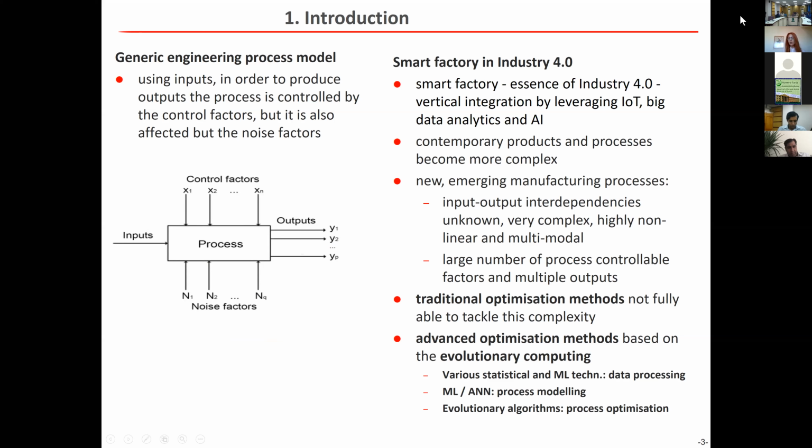And then we talk about artificial neural nets that we use for process modeling to develop the process model, because for new emerging processes there typically are no analytic relationships. Actually, they are unknown. And at the end, we use evolutionary algorithms to perform the process optimization.